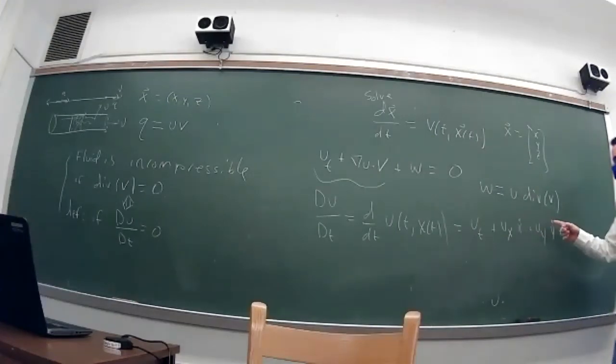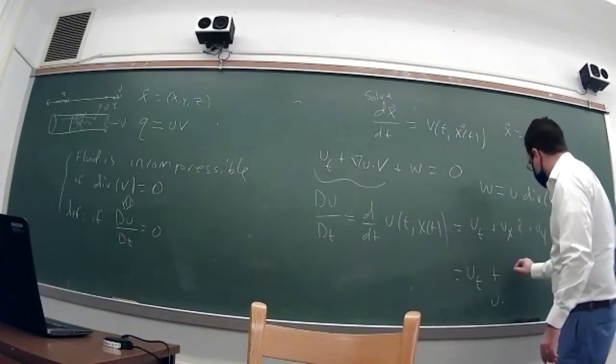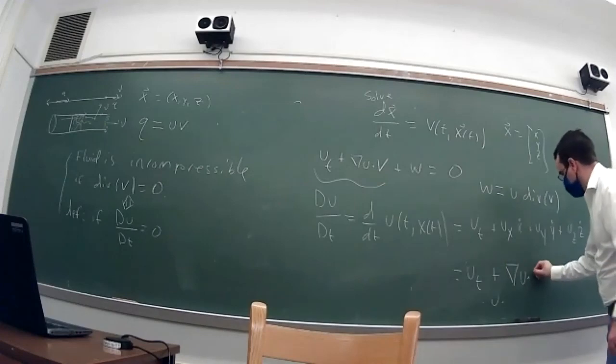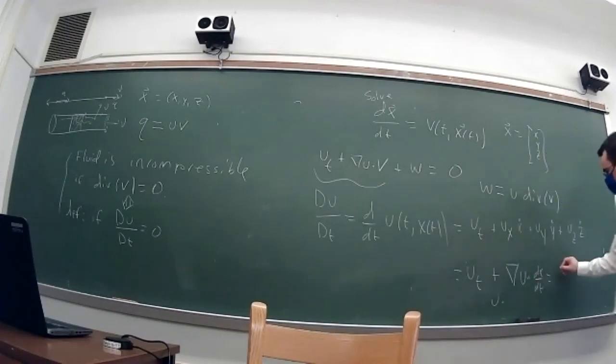I use the dots to represent a time derivative. Then uz times the time derivative of z. That's the chain rule, isn't it? And so this is u sub t plus gradient of u dot dx dt, with the characteristic plugged in.